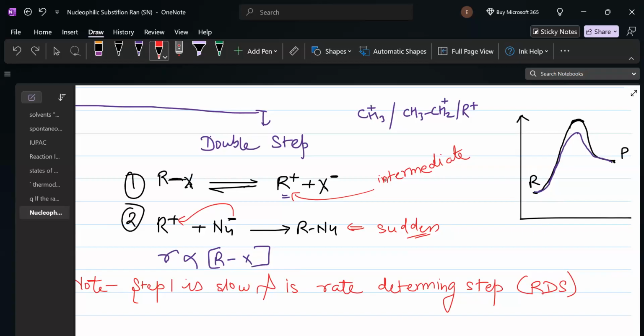Neutral. Good. So these things are not formed in the end; they are formed in between a reaction. So these are intermediates, and they are very unstable. So these steps are very slow. That is why it is called the rate determining step.